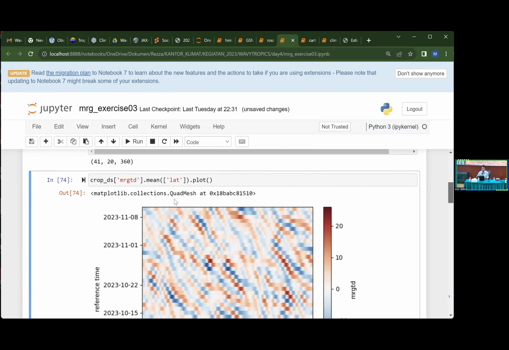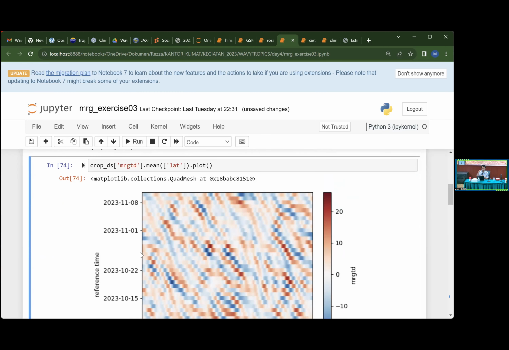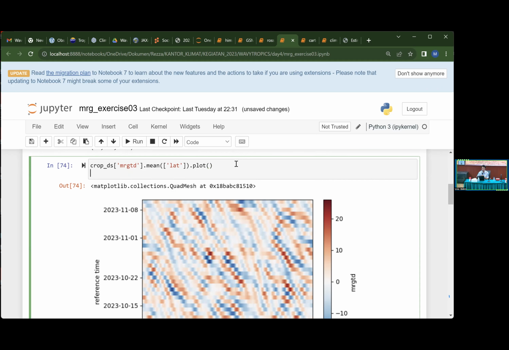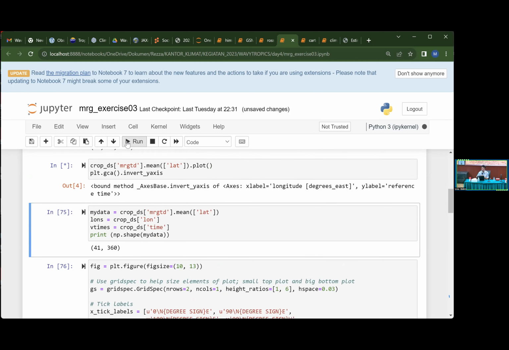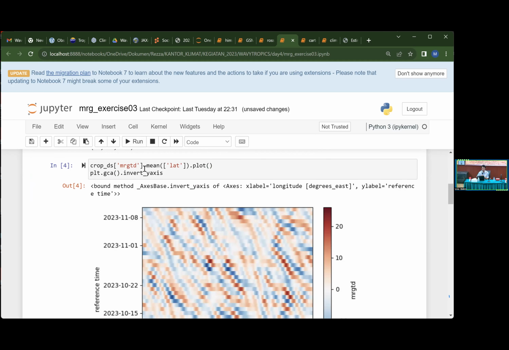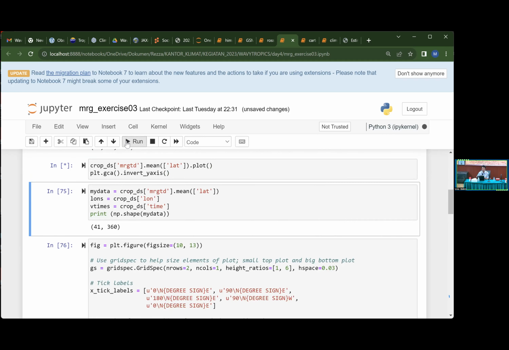So the time is still from bottom to top. So let's invert it using plt.gca, invert y-axis. Okay, sorry, not inverted yet.